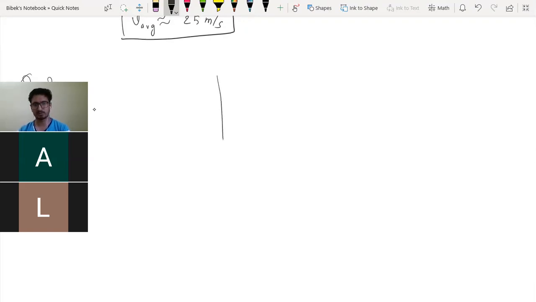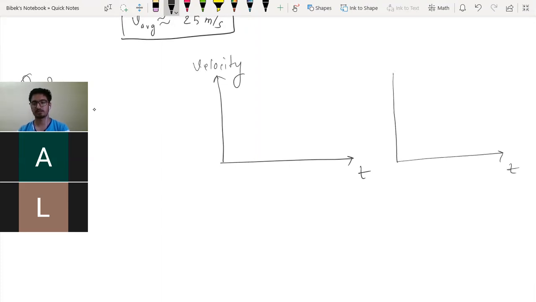We have two plots there, with time on the x-axis and velocity on the y-axis. We have time and velocity, but we don't know which component of the velocity this first one is. It starts like this, and the other one is like this.